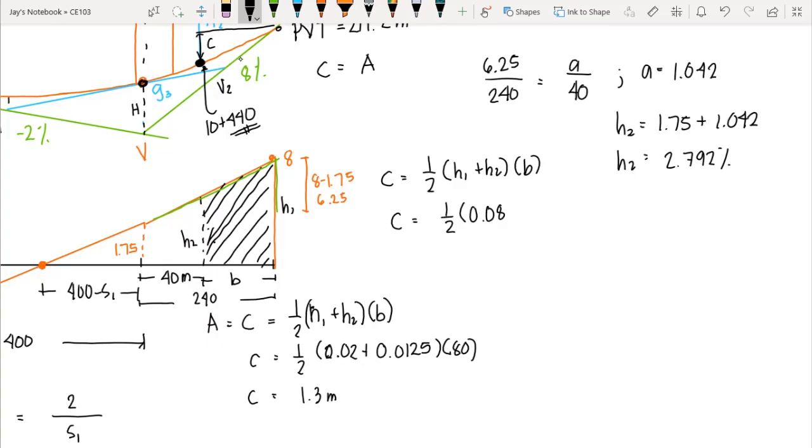So we have 0.08 plus 0.02792 times our B, that is 240 minus 40, so we have 200. Because we have 240 meters as the total length, but we have 40 meters from the vertex, so we have here 200 meters.